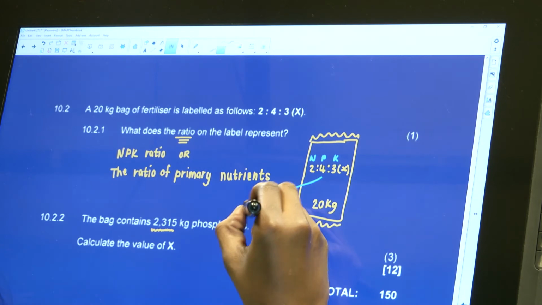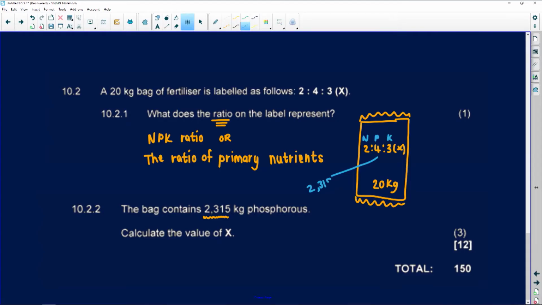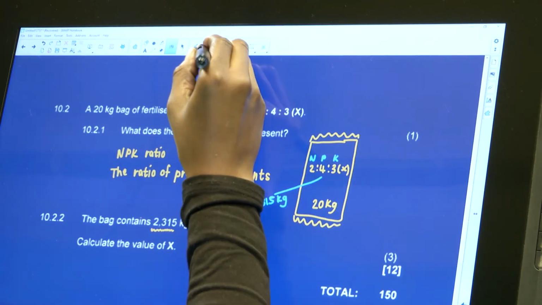So this contains 2.315 kilograms. Can you already see? Out of the 20 kilogram bag of fertilizer, only 2.315 kilograms of it is actually phosphorus, right? So not the entire bag is fertilizer, just a portion of it, and the rest is just filler. So now let's see what the question is going to say. They've already given us one to work from.